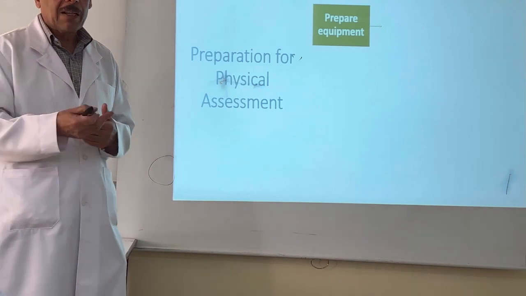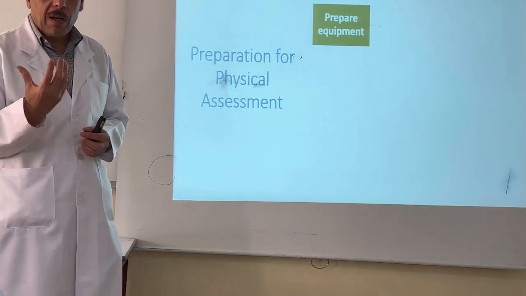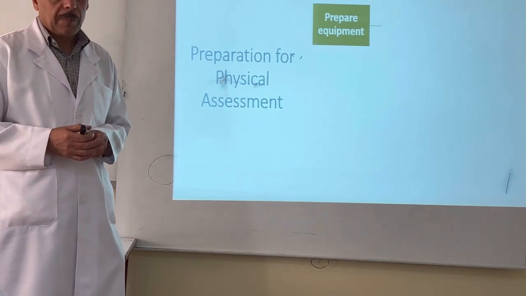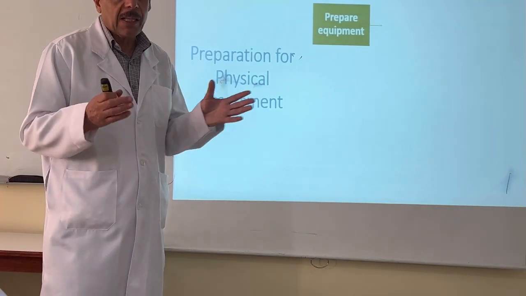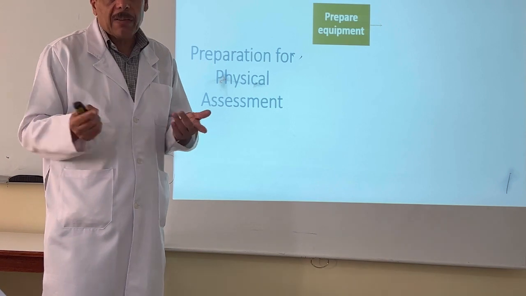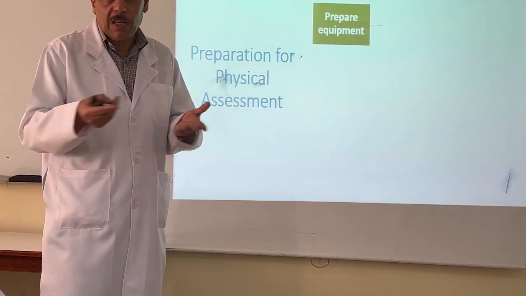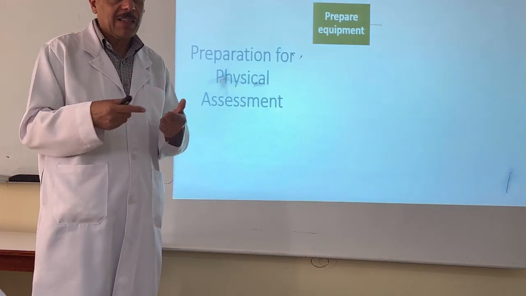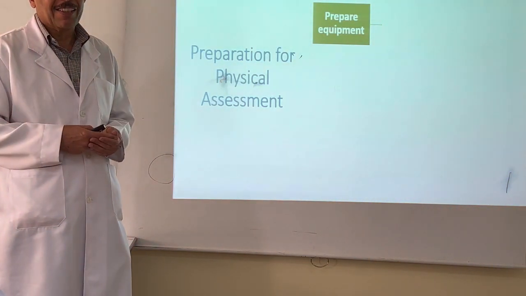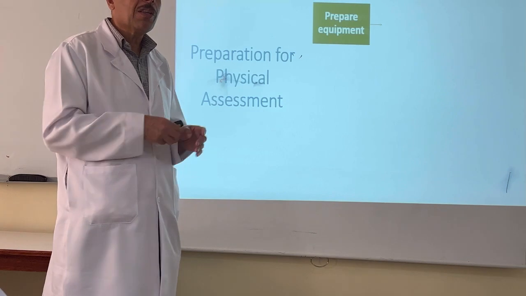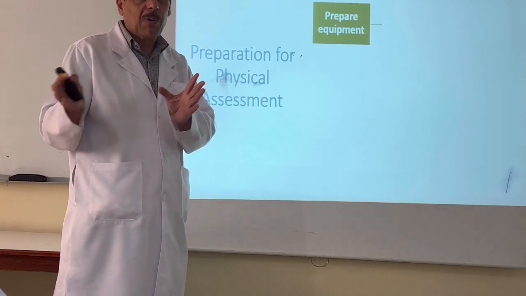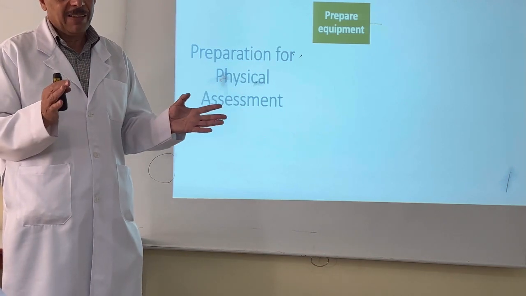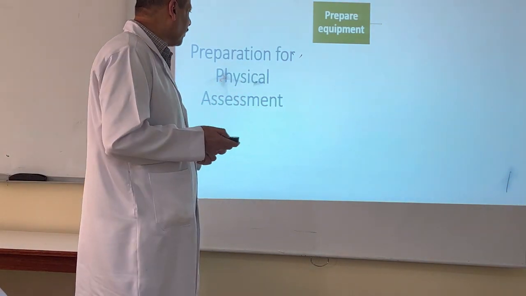Those are the main things we have to have in examination of the skin. We might need a swab culture if there is some lesion, so in this case we need a sterile swab for doing culture. The equipment depends upon the condition and what we are going to examine at that time.